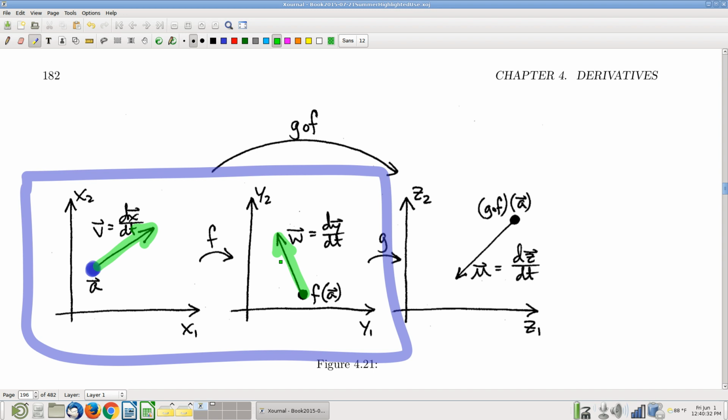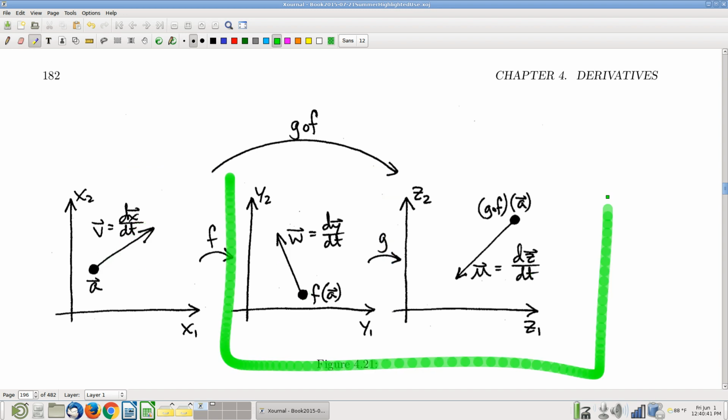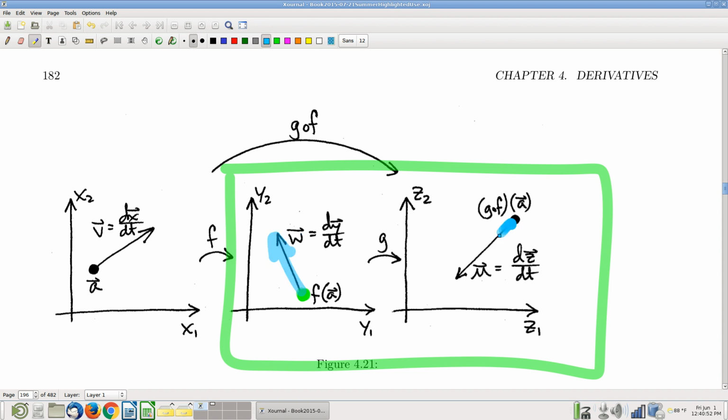It's just not a scalar factor, it's a matrix factor. Same deal here: g is a function from R2 to R2. What do we mean by the derivative of g at that point? We mean the matrix that you multiply by that vector to get that vector. The Jacobian matrix of g is the factor that you multiply by this to get that. And likewise for the composition.